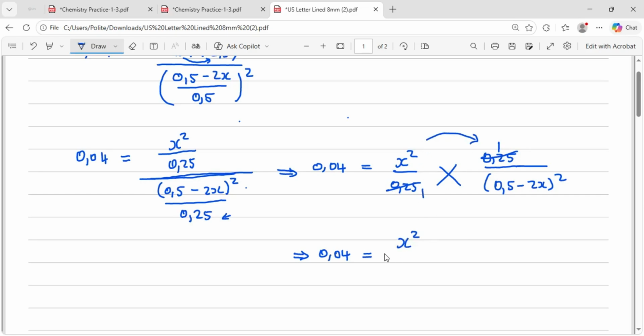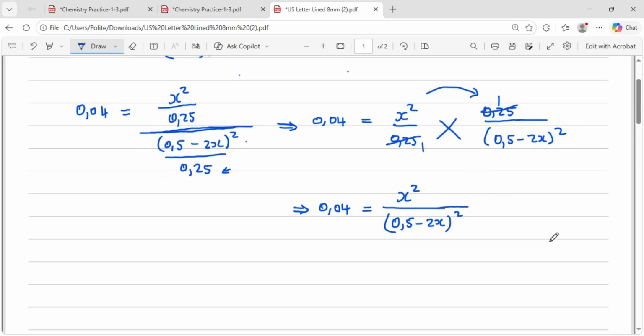X squared times 1, that's x squared over (0.5 minus 2x), which is also squared. Look at this: the numerator and the denominator, both of them are squared. We can write this in this form. Remember, if I have a squared over b squared, I can reverse the law and say this is a over b, everything squared.